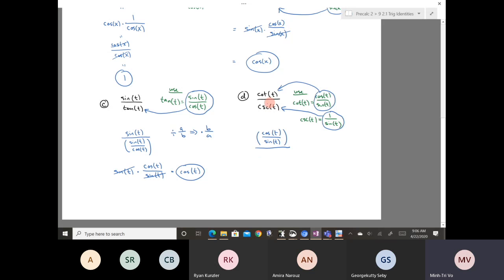And then the denominator becomes 1 over sine of t. And then, again, I have a fraction divided by a fraction, but dividing by a fraction is the same thing as multiplying by the reciprocal. So what is this equal to? The numerator stays the same.